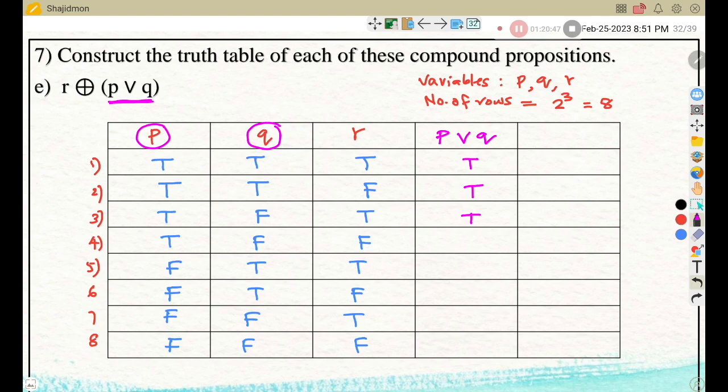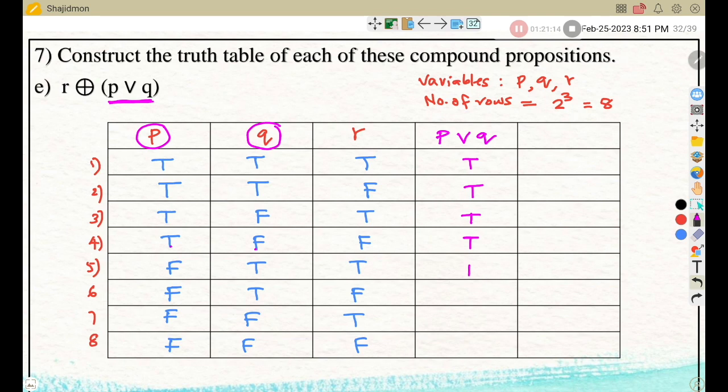Then again, P or Q. True or true, true. True or true, true. True or false, again it is true. Then the fourth one, true or false, that means true.